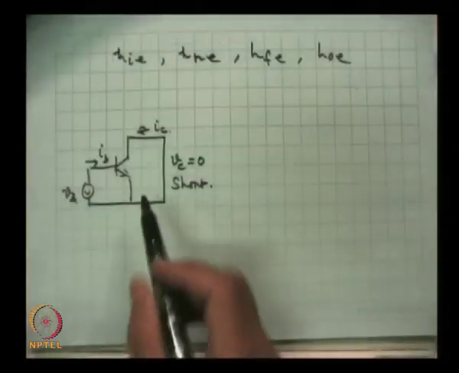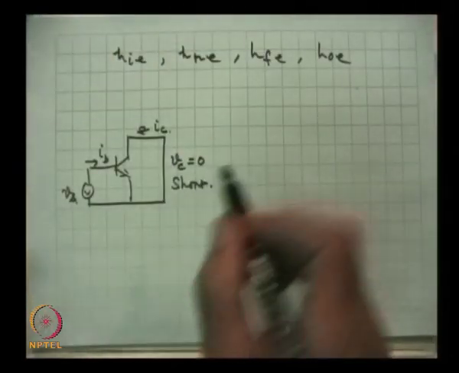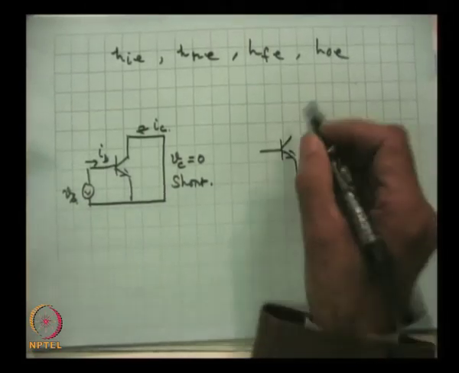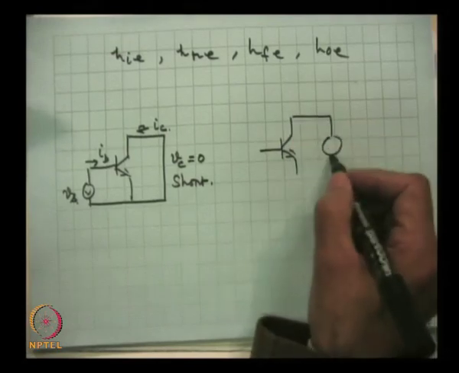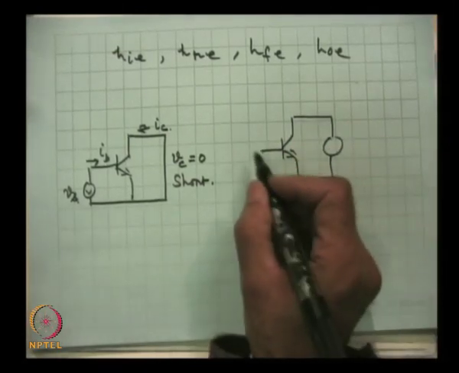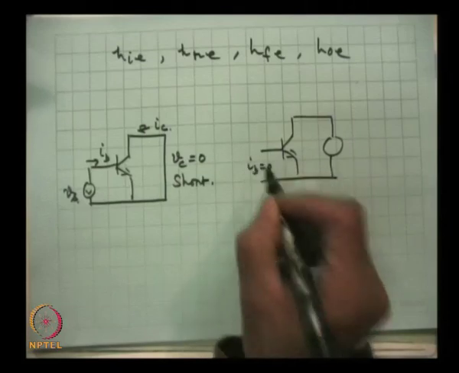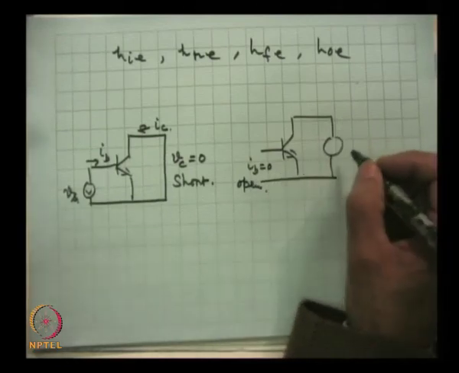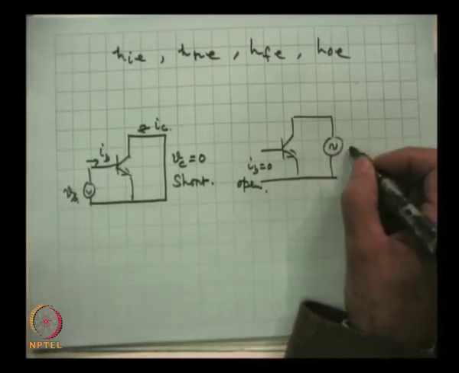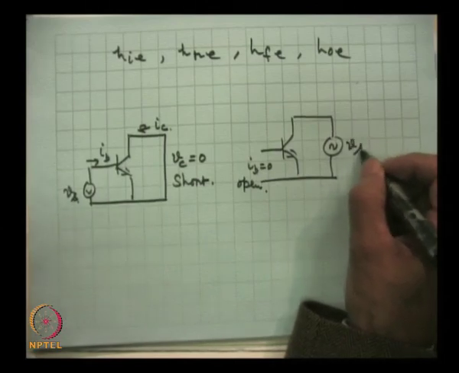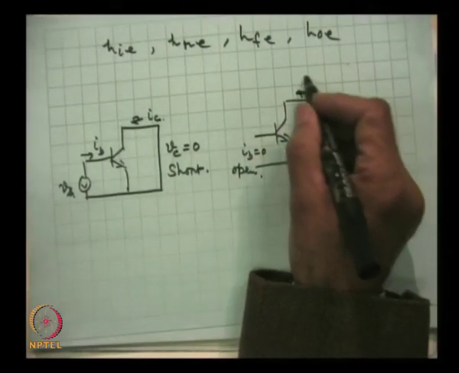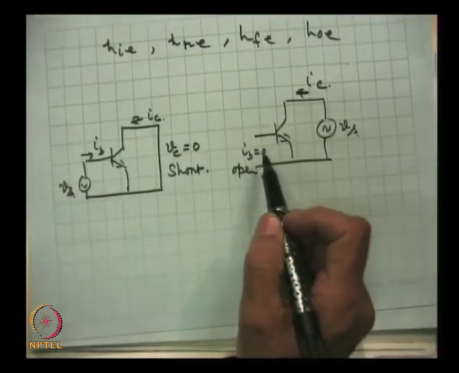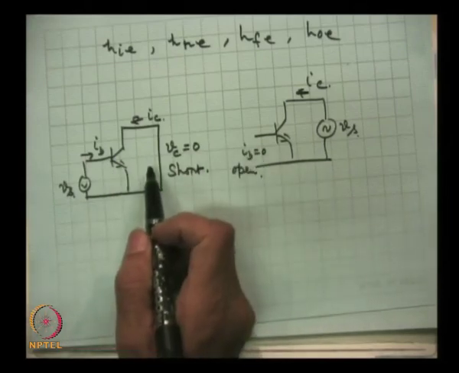So, that is to be measured under these conditions, and similarly the other two parameters require I_B equal to 0. So, this is open, input is open, we apply a test signal here which will establish a current I_C. So, this is the open circuit condition, this is the short circuit condition.